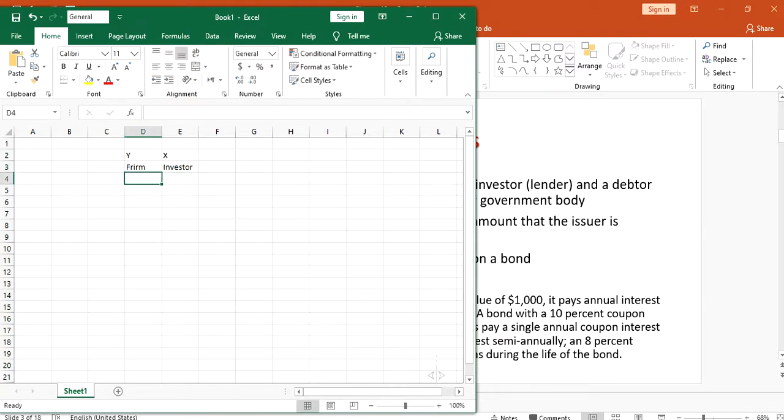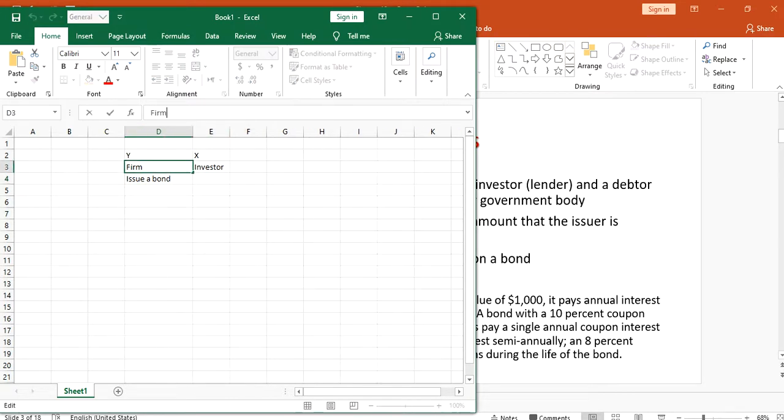Firms need to borrow money, so what they do, they issue a bond. I would say firms or governments issue a bond.